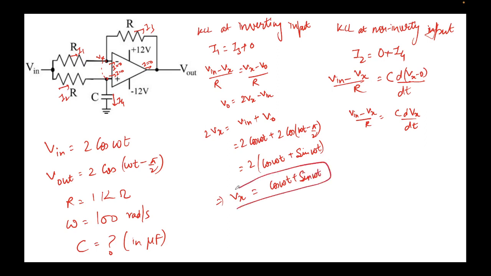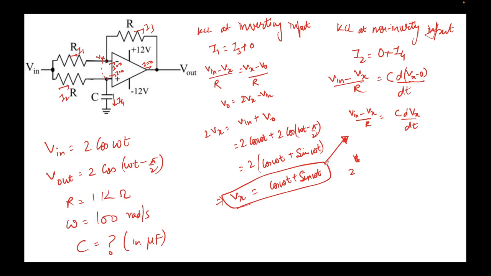Very nice expression. Let's put this expression here. Let's also put the value of Vin here. So Vin is 2 cos omega t.